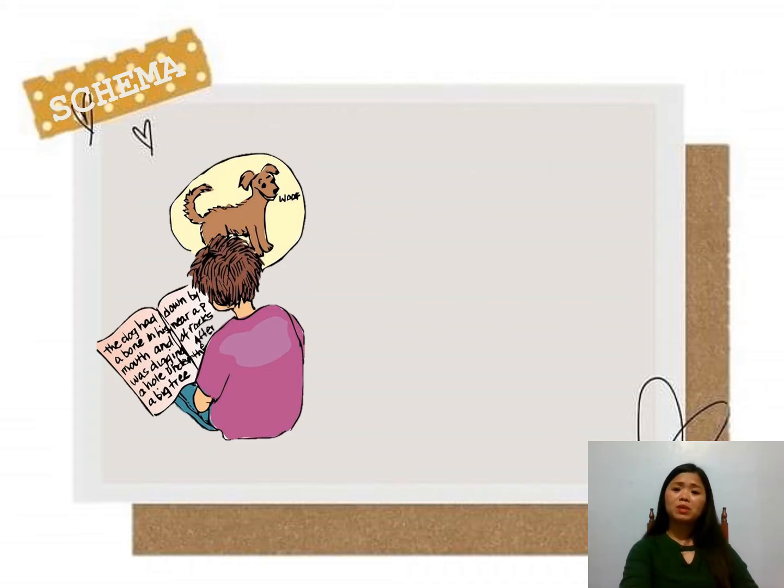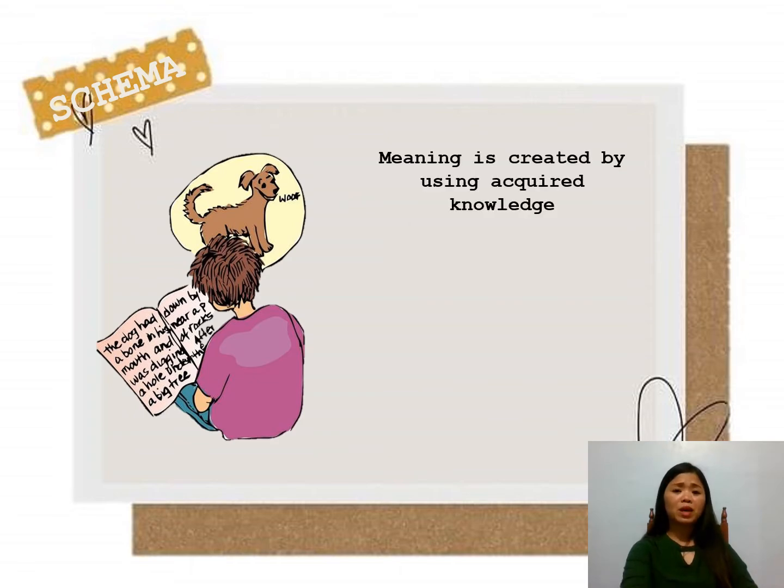The concept of schema is important to an interactive definition of reading. A schema theory postulates that the spoken or written text does not in itself carry meaning. Instead, meaning is created by using previously acquired knowledge or schemata.